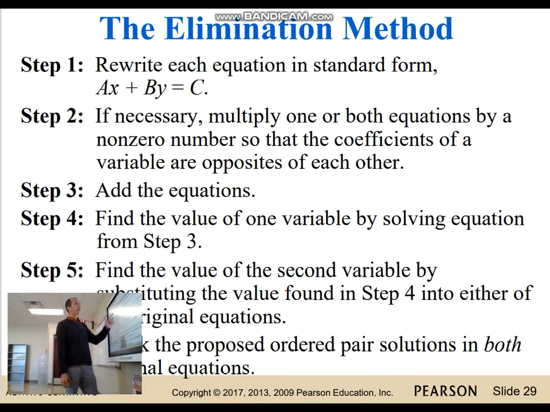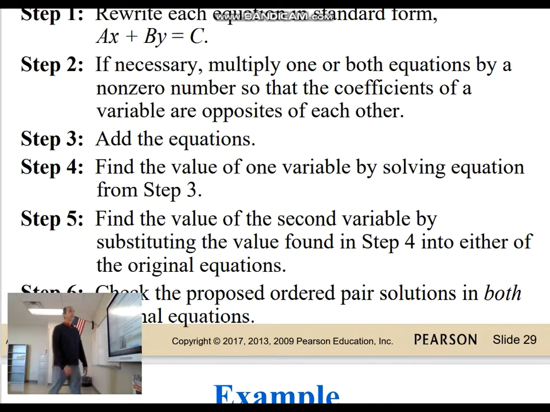Step by step for the elimination method, you can see here. Rewrite each equation in the standard form, ax plus by equals c. If necessary, multiply one or both equations by a non-zero number so that the coefficients of the variables are opposite of each other, so you can eliminate. Step number 3, add the equations.